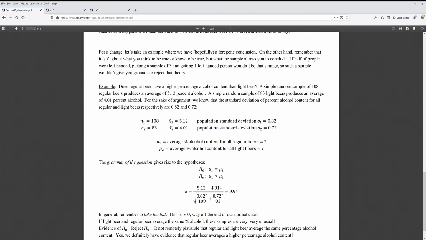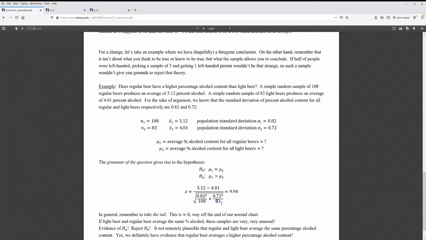X bar 1 minus X bar 2. Again, which one you call which is just going to change the sign on the top and do nothing on the bottom. In this case, it's bigger minus smaller, so it's a positive z. On the bottom, it's the positive square root of something, so it's always positive: sigma 1 squared divided by n1, plus sigma 2 squared divided by n2.